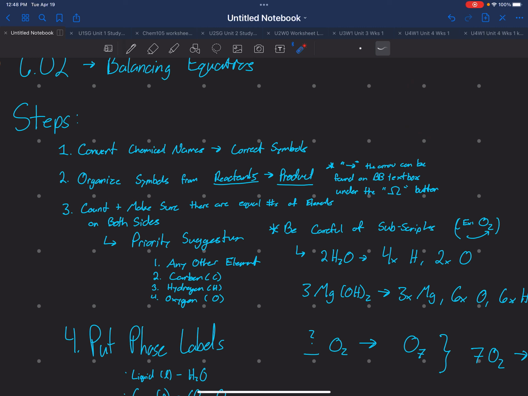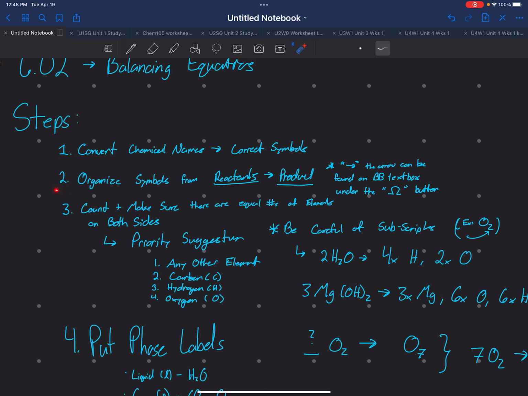Even if your counting was right at the end, if initially the symbols were wrong, then you kind of sold yourself, which is really unfortunate. So we just gotta try our best to not let that happen.